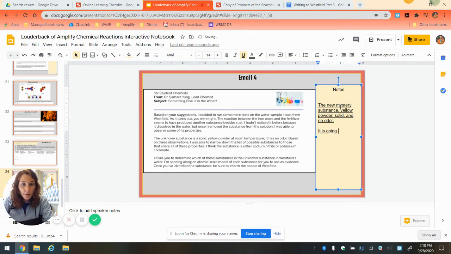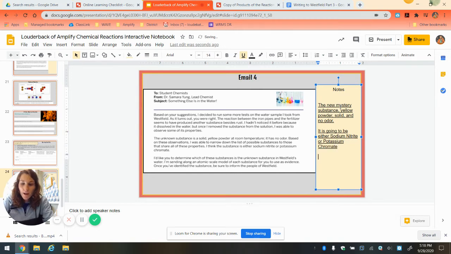It is going to be either sodium nitrate or potassium chromate.